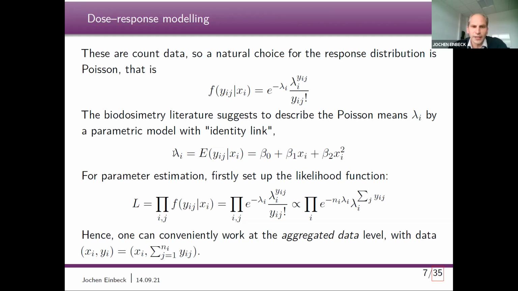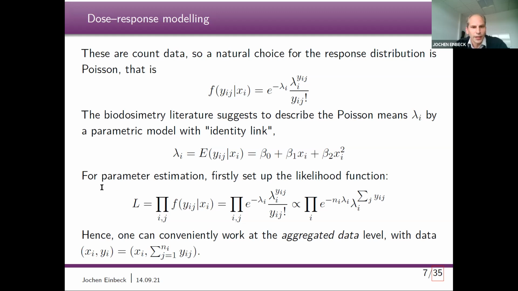People in the dosimetry literature don't like that because there is a physical argument for this relationship to be as it is, which has to do with the number of interactions as the radiation passes through the nucleus.